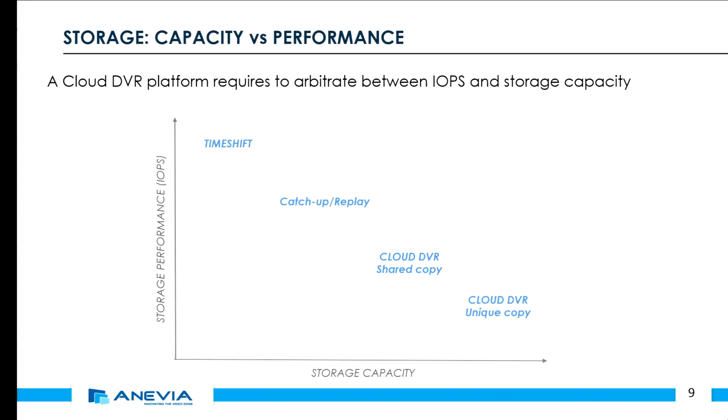What's important there is to understand that the different services actually require different kinds of storage. So we will try to specify the storage based on 2 metrics. On one side, we've got the capacity, so how much storage is actually involved. And on the other side, we've got the performance of the storage, meaning basically how much data can we read from the storage, how much data can we write on the storage.